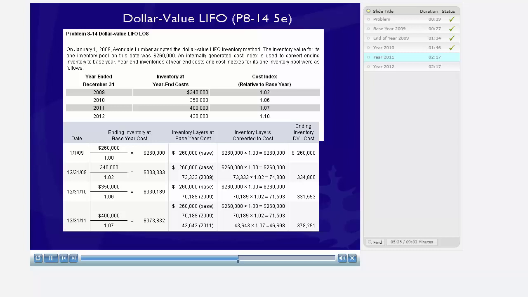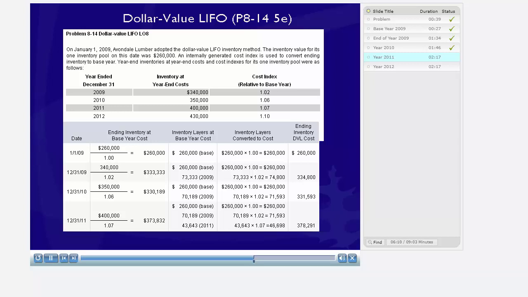Alright, so then to compute the inventory layers and to come up with the final ending inventory dollar value LIFO cost, we start off by adding the $260,000 times the base layer of 1.0. Then we use the $70,189 that we calculated last year using the revised base for 2009, and that's $70,189 times 1.02, which gets us $71,593.